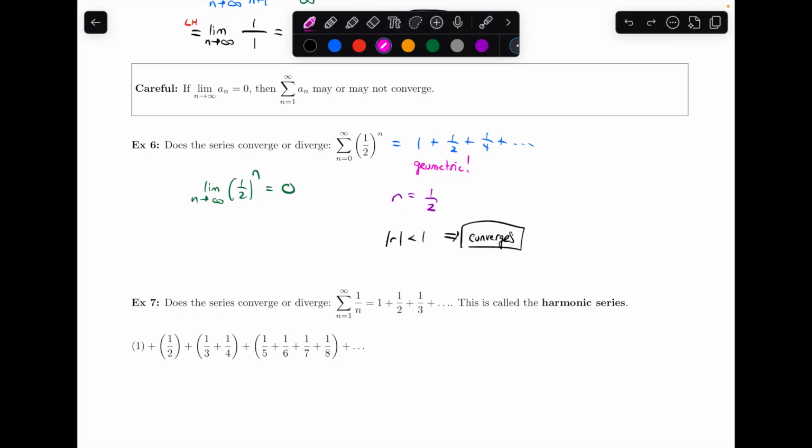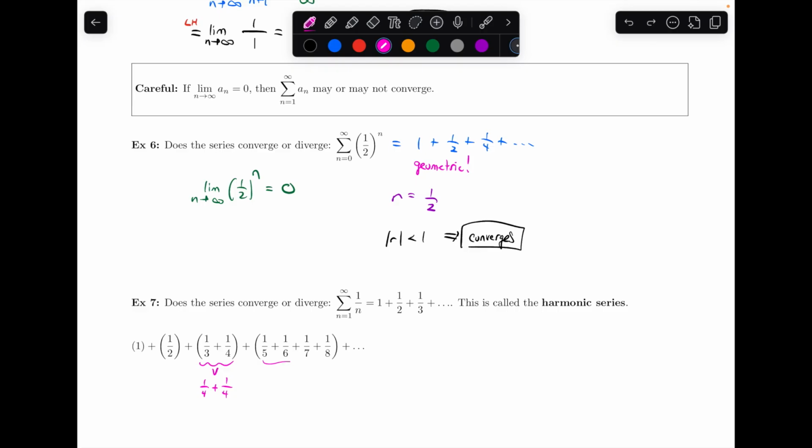But now with the next group, what I'm going to notice is if I were to replace the 1/3 by just a 1/4 and keep the other 1/4 as it is, this new sum is less than the original one. So I'll put this inequality symbol here. This thing is greater than this one because 1/4 is less than that 1/3.